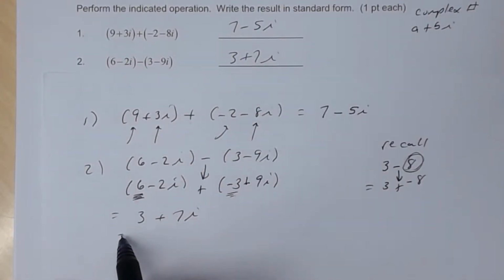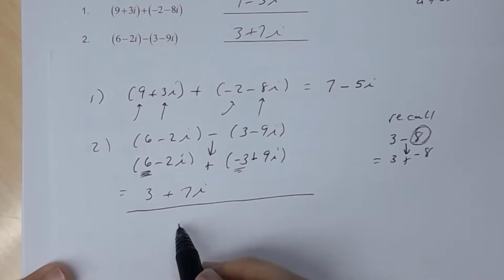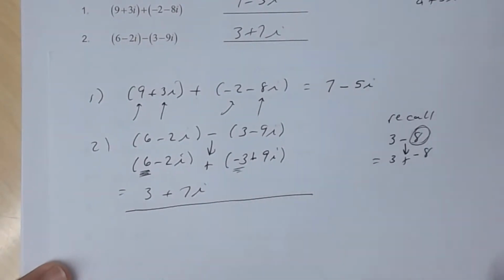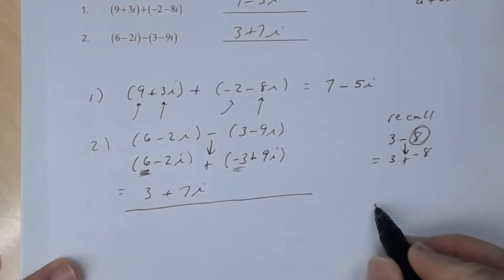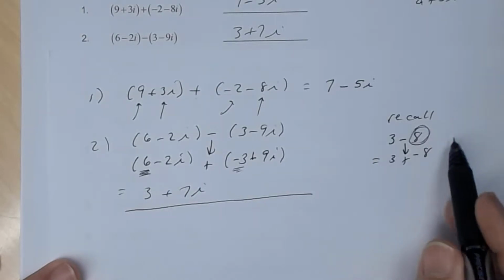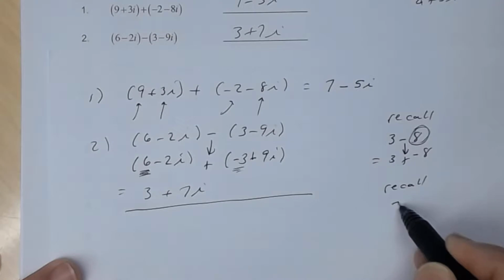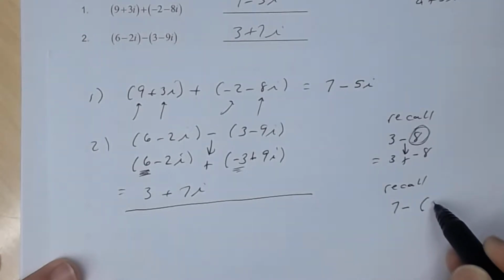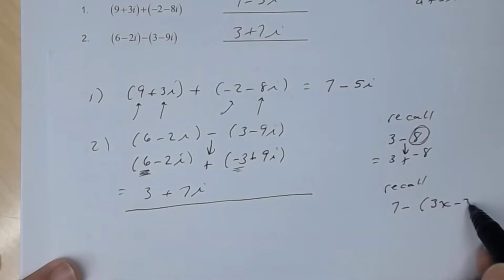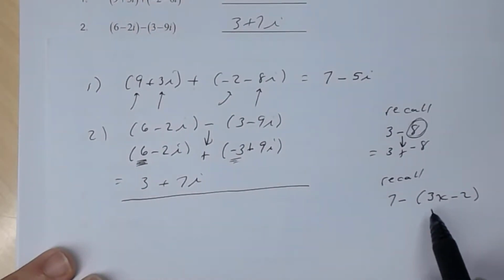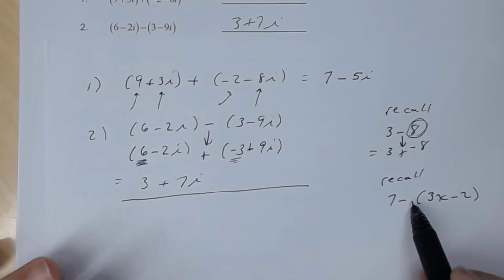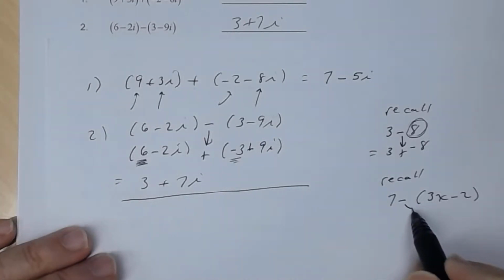Now another way you could have done this is to use this idea, where, again this is a recall, let's say you had 7 minus, in parentheses, 3x minus 2. Let's say you had that. So remember, one way that you dealt with this was to use the distributive property.